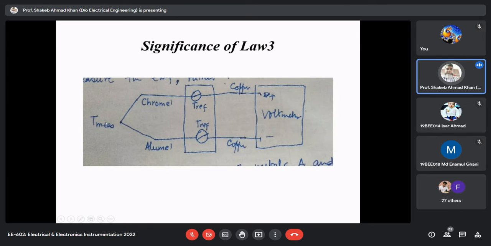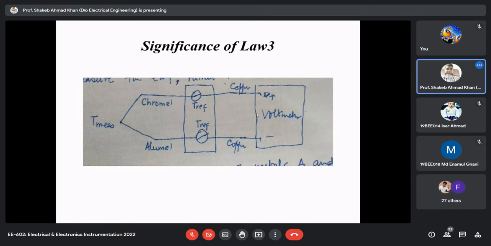Whatever is the output because of the maintenance of the temperature difference, T measurement and T reference, it was without this copper wire inserted into it, or it will remain the same after insertion of it as per the law, because these two new junctions that came into existence because of the insertion of copper wire, one with the chromel and another with the alumel, are maintained at the same temperature and at the reference temperature, so your output will remain same as per the law number 3.